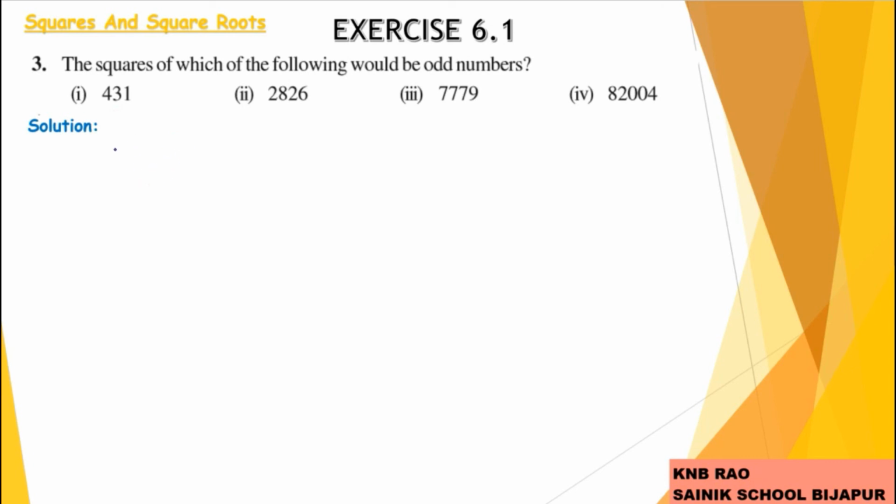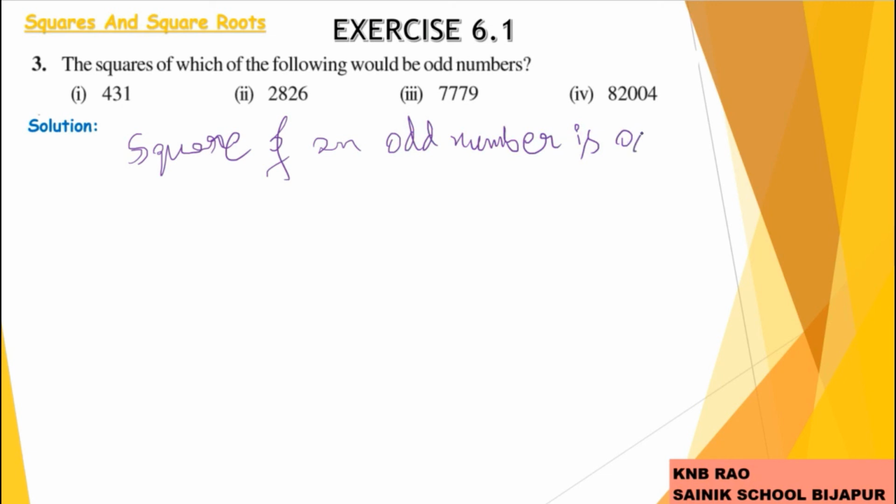We learnt a very important property: the square of an odd number is odd and the square of an even number is even.